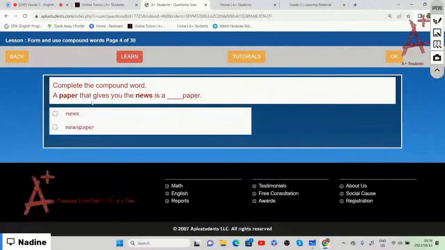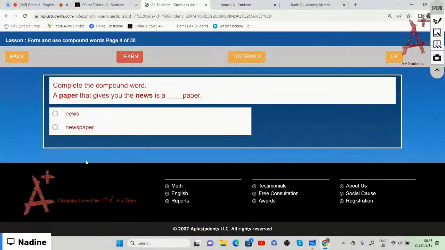A paper that gives you the news, is it a newspaper or news? So a paper that gives you the news is a newspaper, the full compound word.